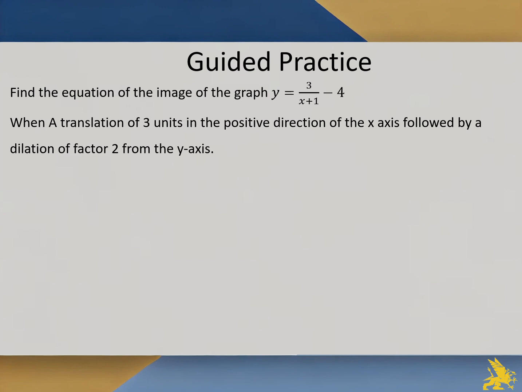When a translation of 3 units in the positive direction of the x-axis is followed by a dilation of factor 2 from the y-axis, we start off with that translation of 3 units in the positive direction, which means we are just taking 3 away from our x. Because we know x minus 3 by itself would be 3 shifts to the positive direction. That simplifies to x minus 2.